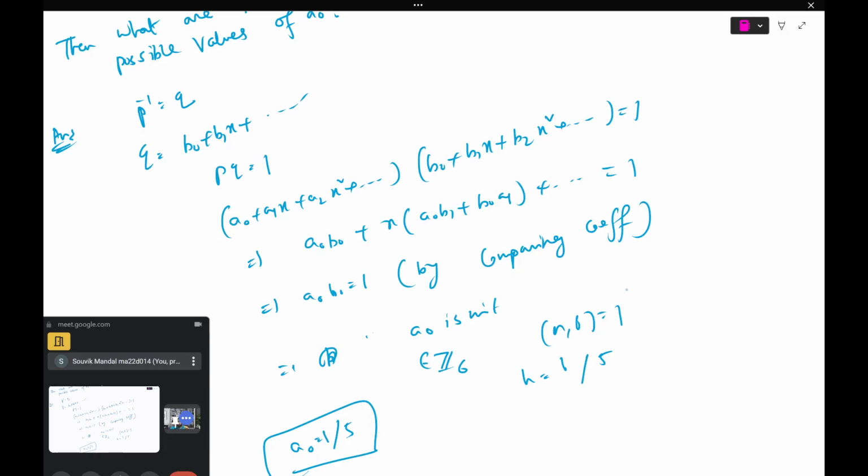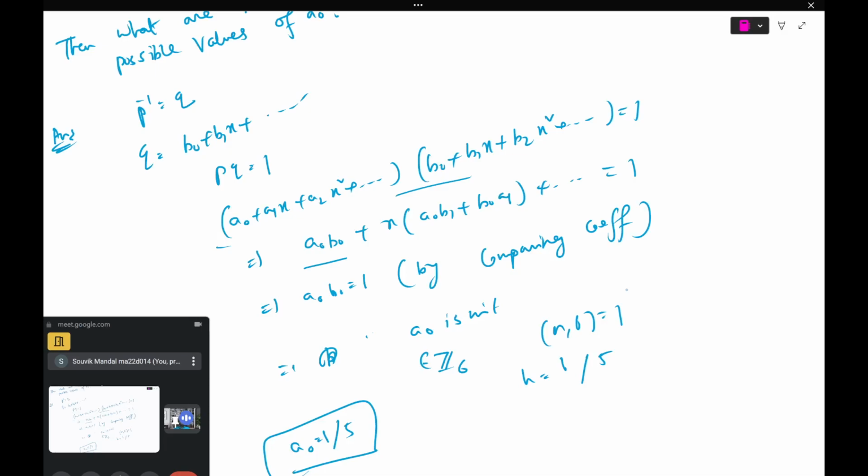So there exists some Q such that PQ equals 1. Multiplying these two series, we get a0b0 plus x times something plus dot dot dot, which is equal to 1.